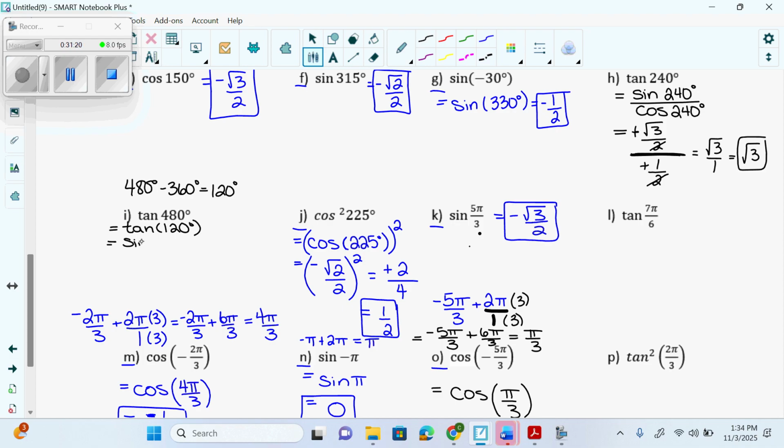So I'm going to do sine 120 degrees divided by cos of 120. Sine at 120 degrees is positive, what? Root 3 over 2. And cos of 120 is negative 1/2. The 2's cancel. And I'm left with root 3 over negative 1, which is negative root 3.